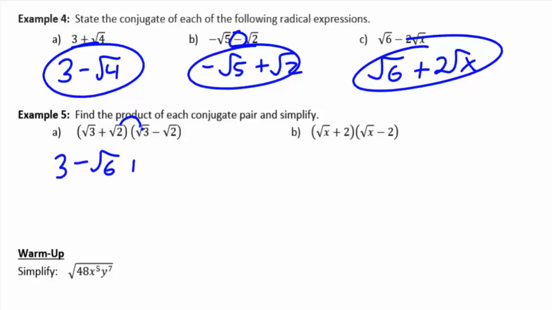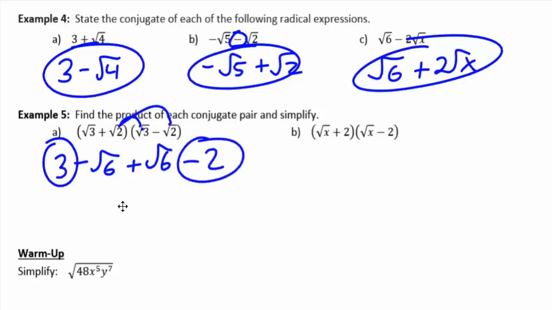Here we have plus radical 6, and then here we have minus 2. So it's 3 minus 2. And then this right here is 0. I get that 0 pair. So instead of 4, I really only have 2, and then they combine. 3 minus 2 is just 1.